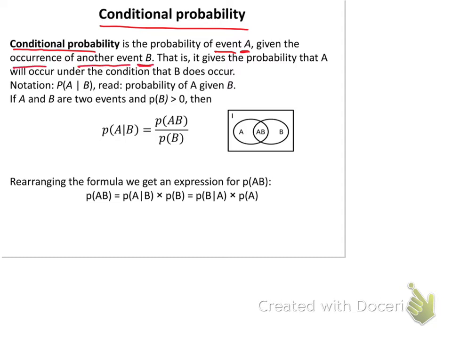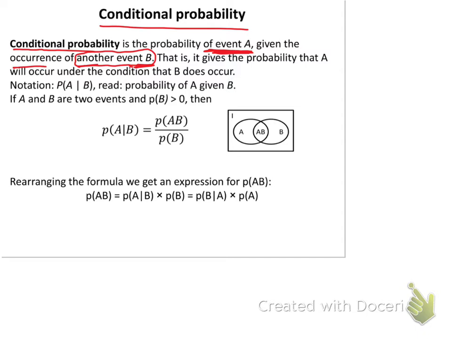So I want to calculate or to find the probability of event A, but I knew that event B has already happened, which of course will be linked or related to event A. So it is not only the probability of happening of event A, but given that something else already happened.